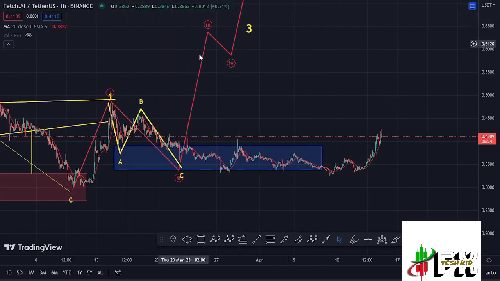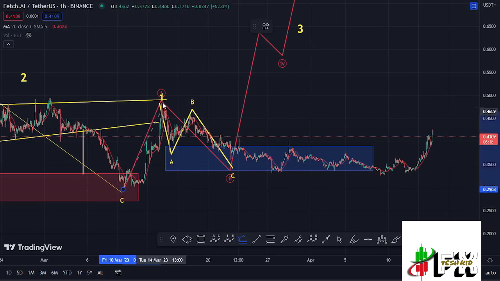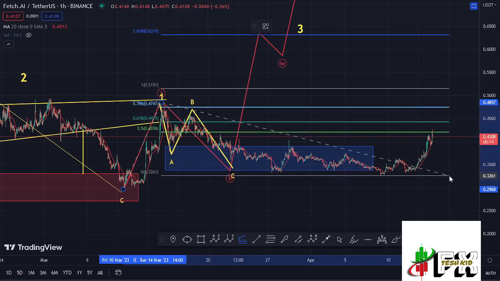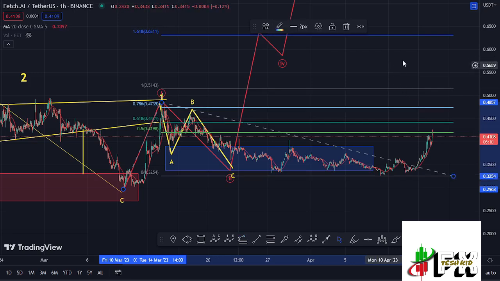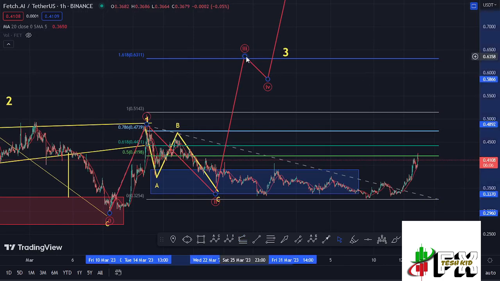and giving you a target area to the upside in the formation of this wave 3 by connecting the trend-based Fibonacci from the low of the first wave to the high of that wave 1, then dragging the fibs to the low of the second wave. That now gives me a target area in the formation of that wave 3 at the fib level 1.618, and that is at around the $0.6311 mark.